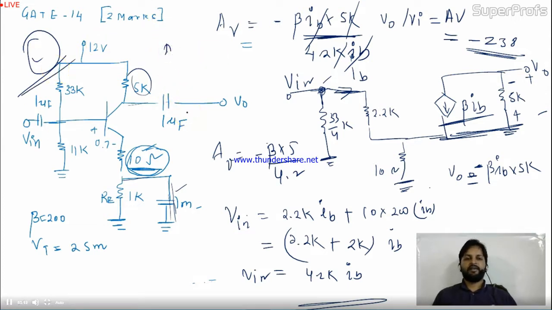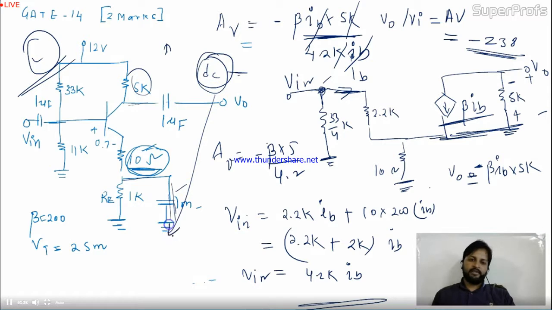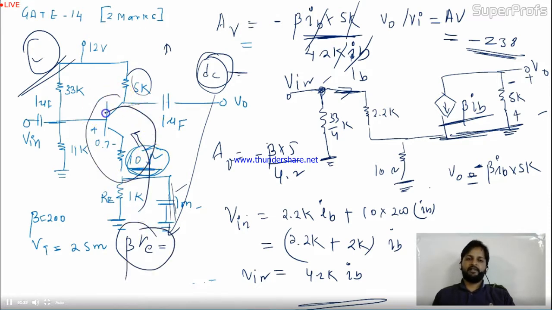Okay. So again I'm telling you how to proceed. First you need to analyze the DC part of the question. In the DC part, what will become at output? You will get Re from the circuit because you need beta Re to replace this BJT as the equivalent resistive circuit.